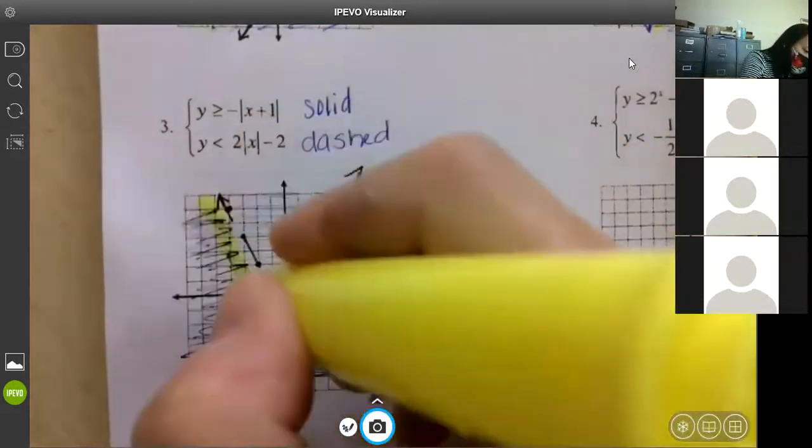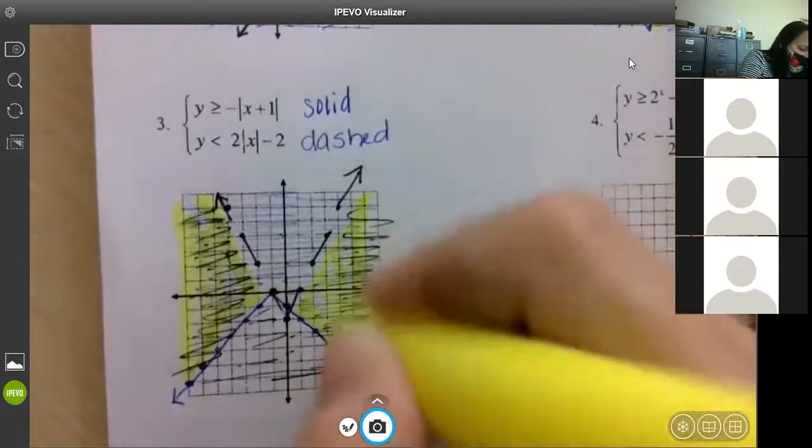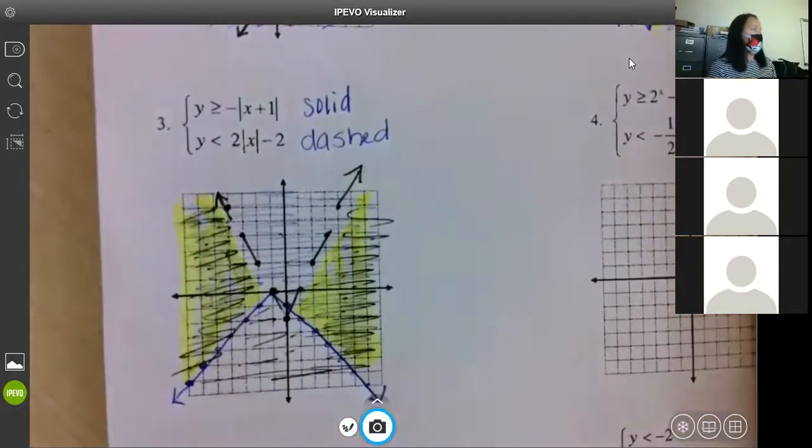This triangle right here. And this one right here. Is everybody okay? All right, what's really cool is you actually can do these in your calculator together.